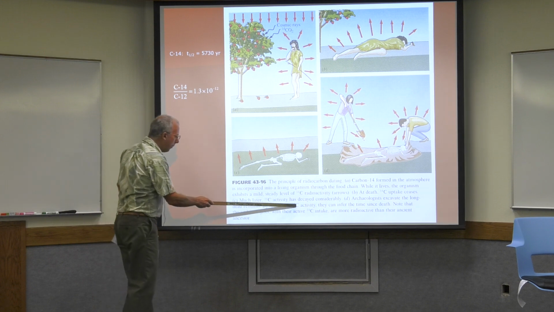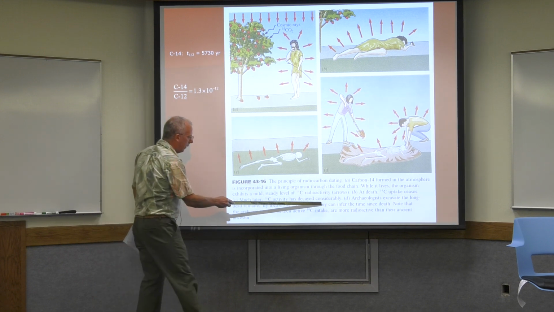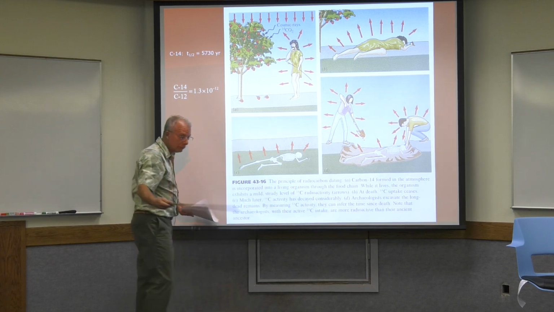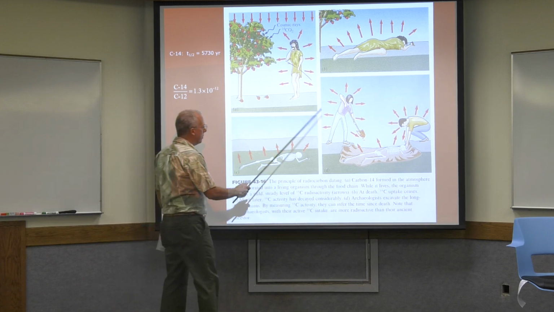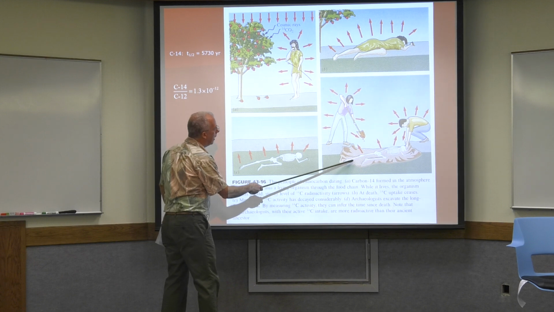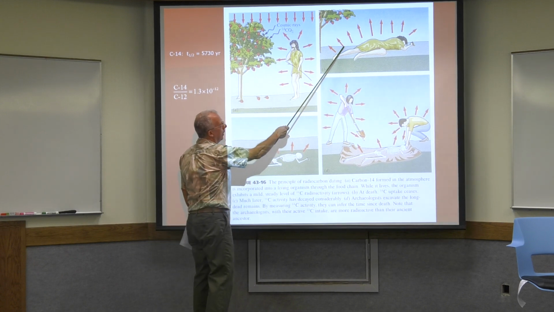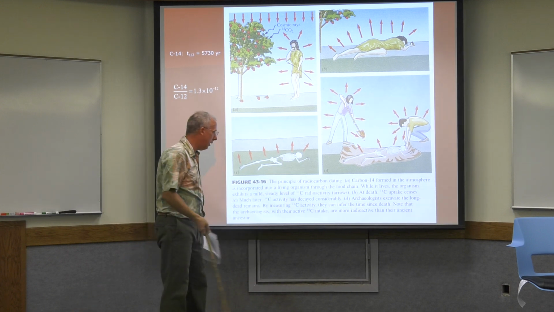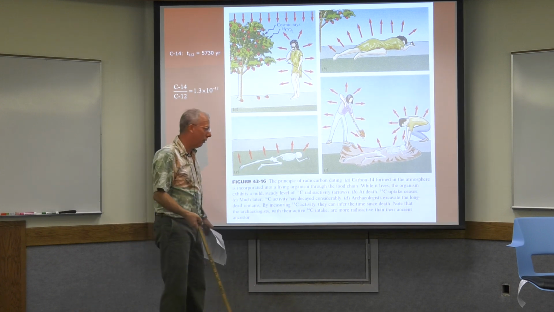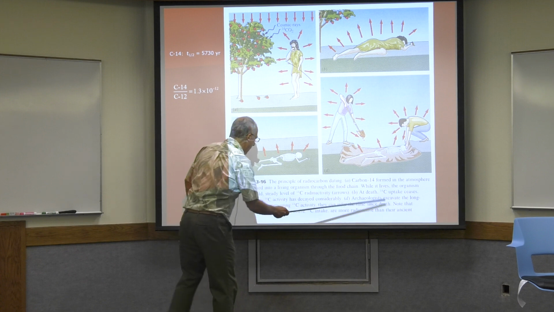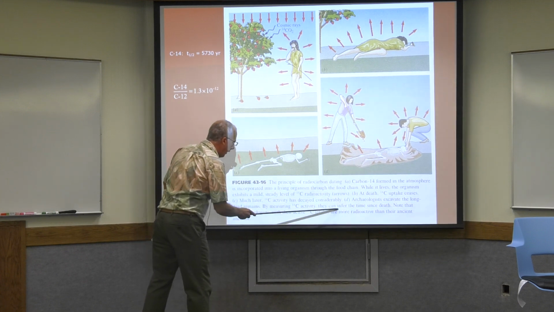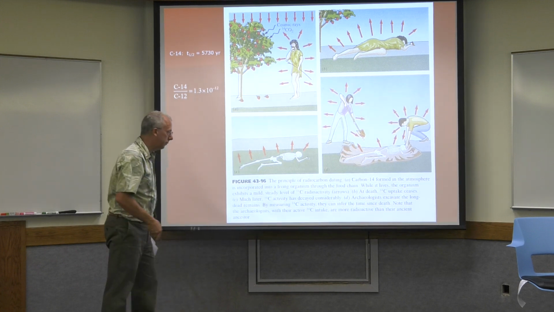By measuring the carbon-14 activity, they can infer the time since death. In other words, if the activity they measured here was half of what it was at death, then one half-life had transpired, right? 6,000 years, or 5,730.